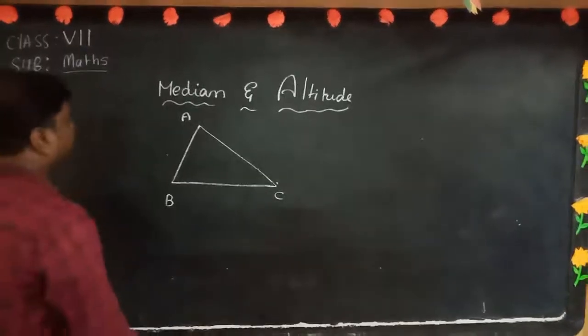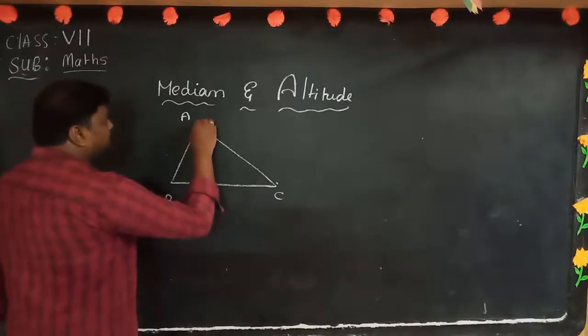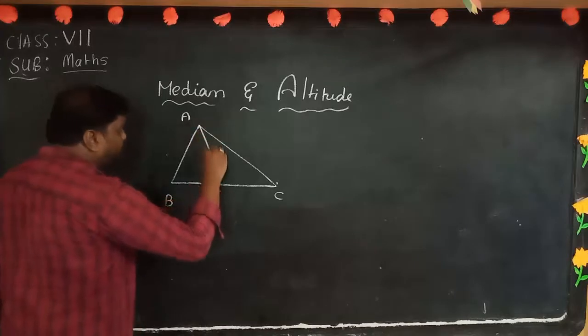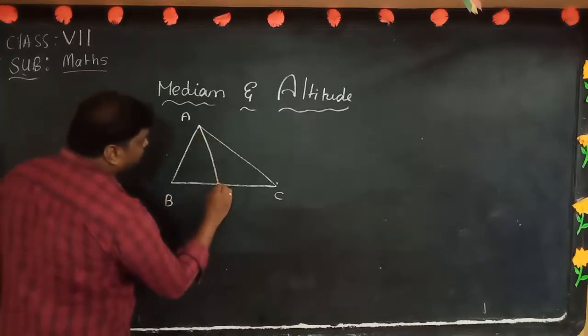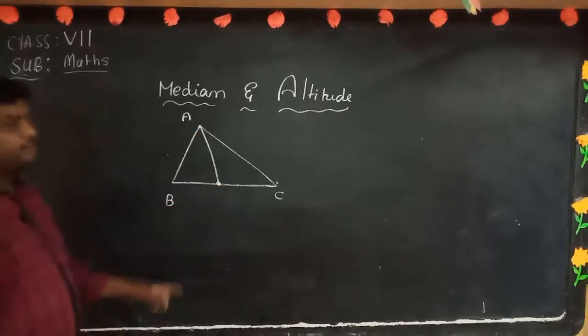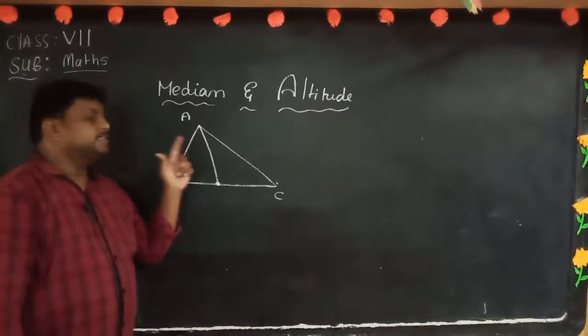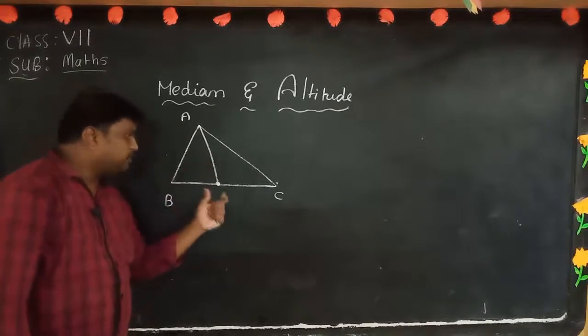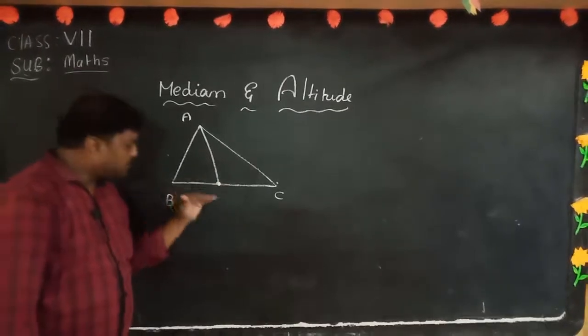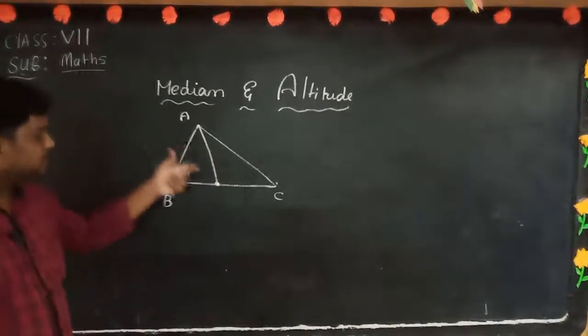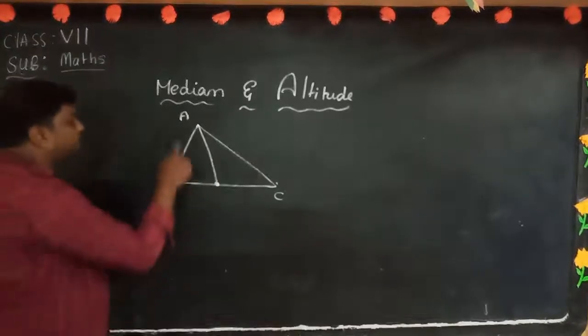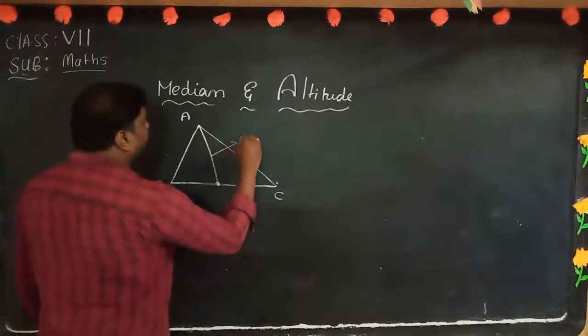The median is nothing but a line segment from the middle point of one side to the opposite vertex. If you draw that line segment, it is called the median.